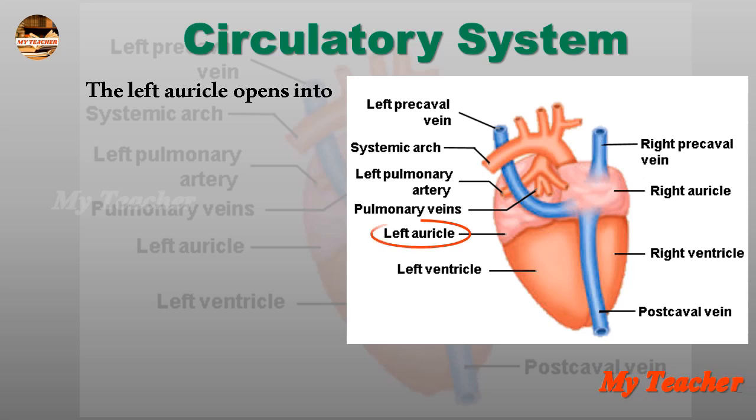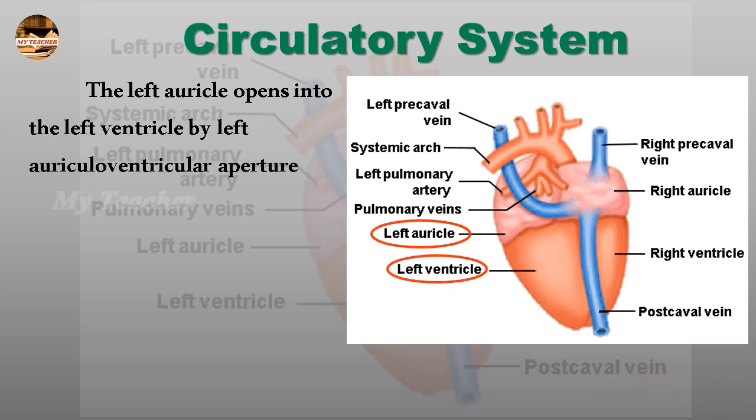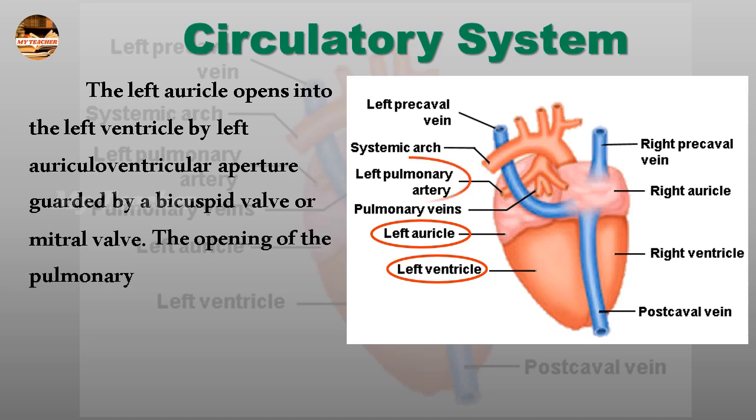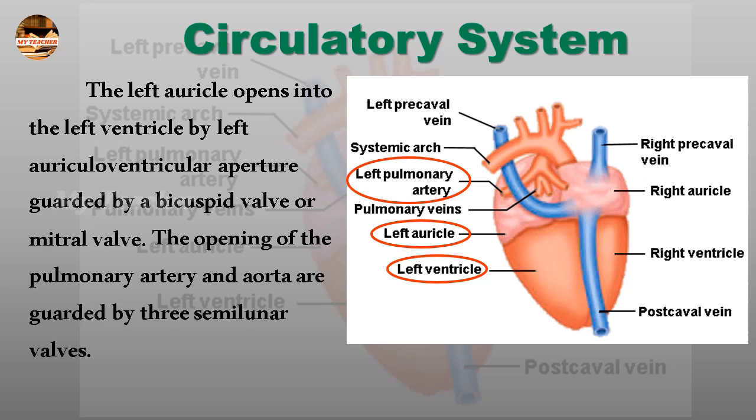The left auricle opens into the left ventricle by left auriculoventricular aperture guarded by a bicuspid valve or mitral valve. The openings of the pulmonary artery and aorta are guarded by 3 semilunar valves.